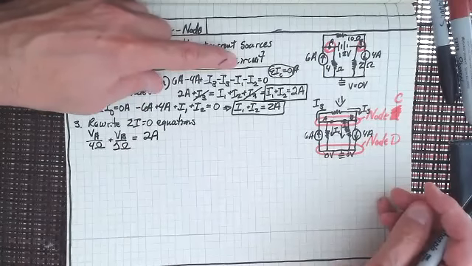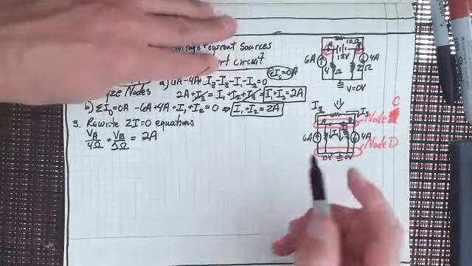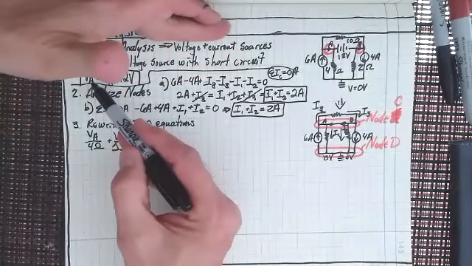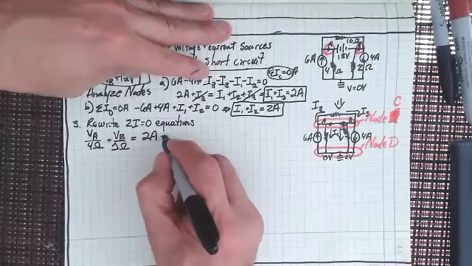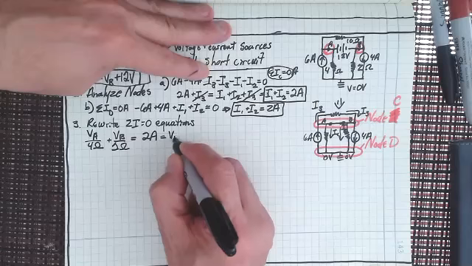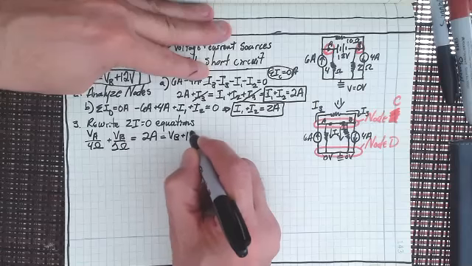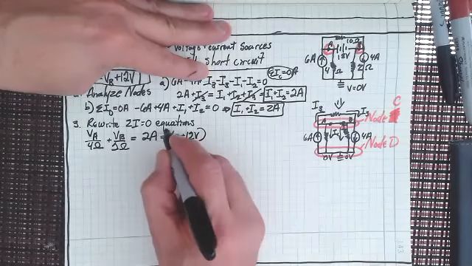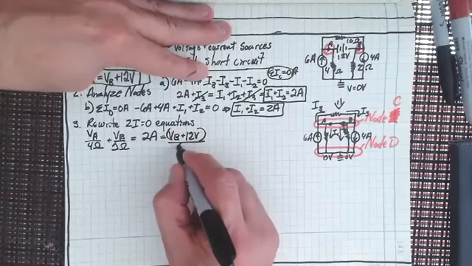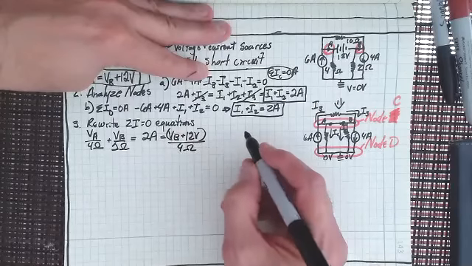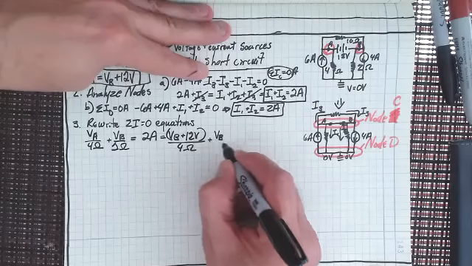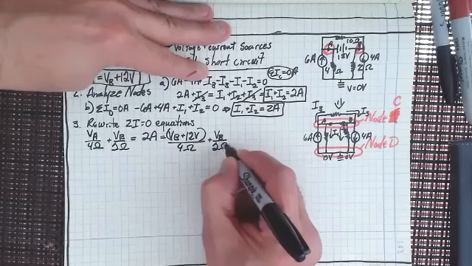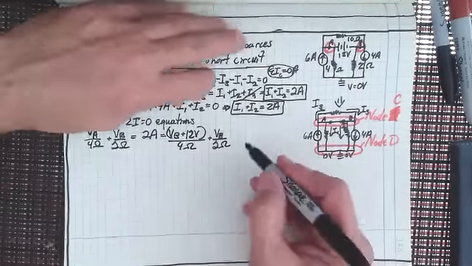I hope I haven't lost anybody. We've got a lot more information here, don't we? Because we know VA equals VB plus 12 volts. So couldn't I write this as VB plus 12 volts over 4 ohms plus VB over 2 ohms, and that all equals 2 amps?